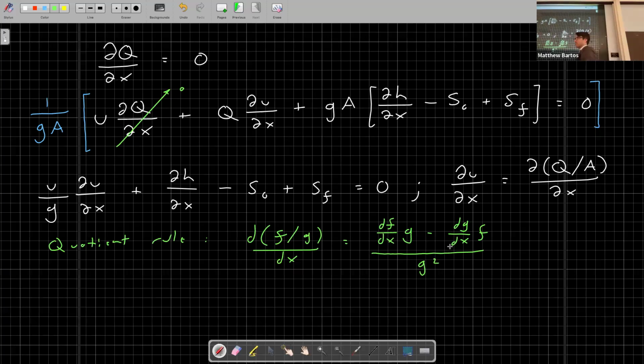So this is an identity from calculus. You probably learned this in Calc 1. We can apply this identity to this derivative here.